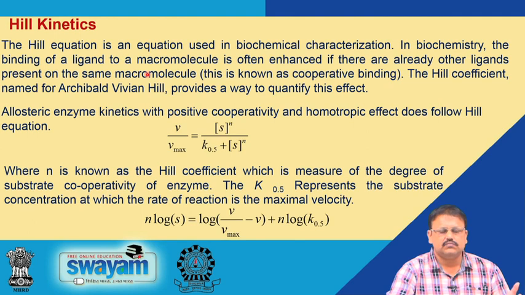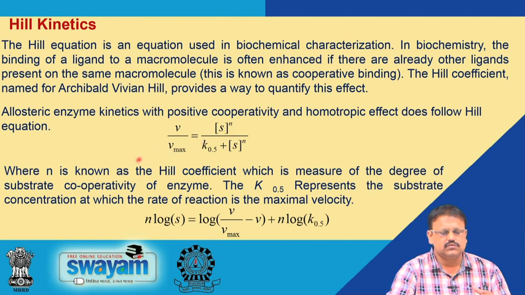That means at a time one enzyme can bind more than one substrate. But in Michaelis-Menten, it was considered that at a time one enzyme binds only one substrate. But here one enzyme can bind more than one substrate.